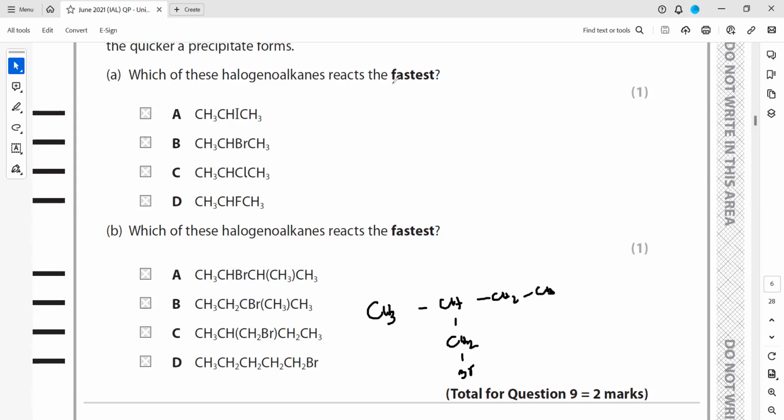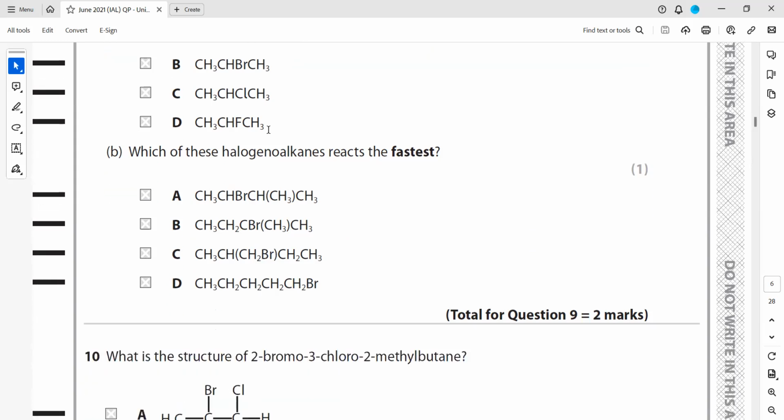When we check this carbon which is attached to bromine, it has only one carbon chain around it, so it's a primary. And the same thing, this one is also a primary. So remember, tertiary halogenoalkanes react much faster than secondary, and secondary react much faster than primary. We are looking for the fastest, so we are looking for the tertiary halogenoalkane.